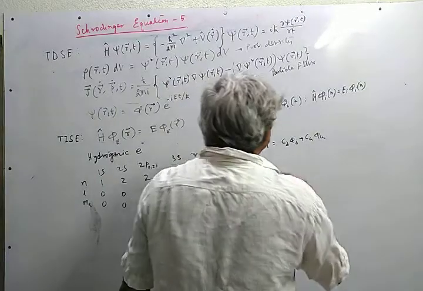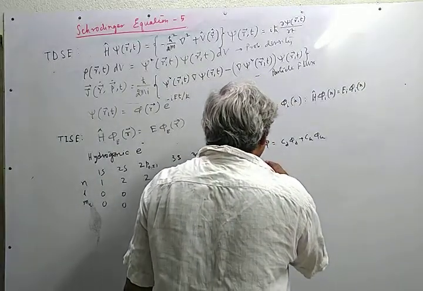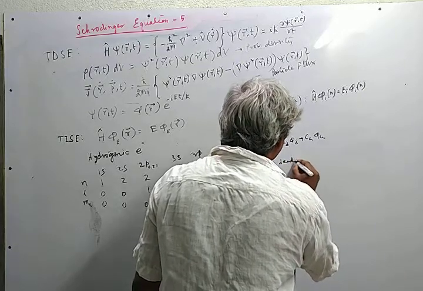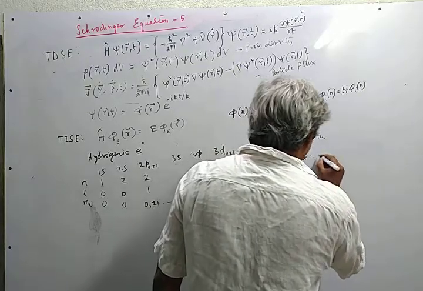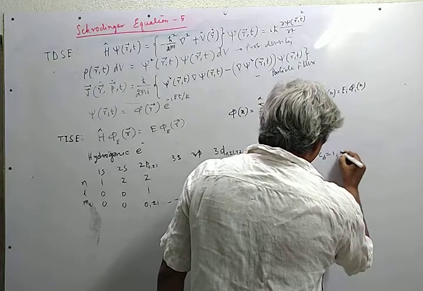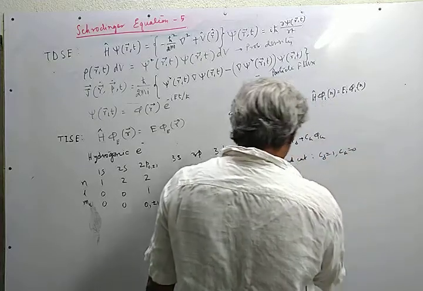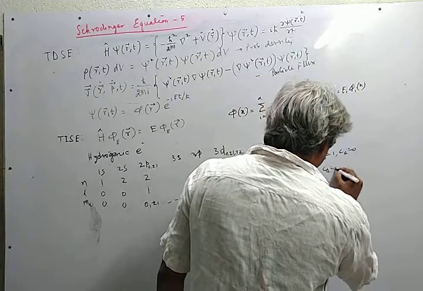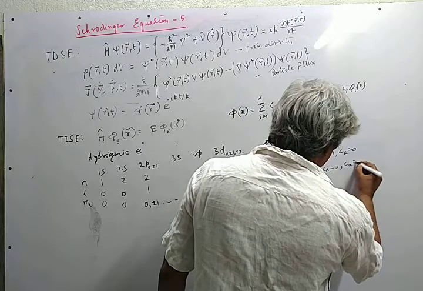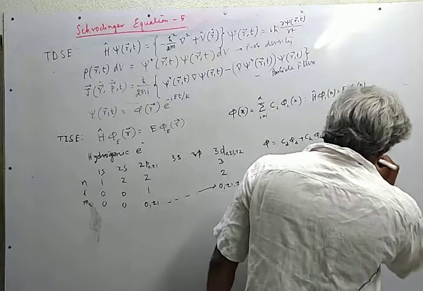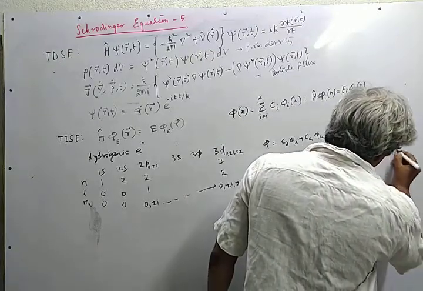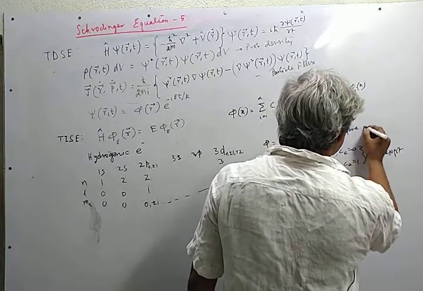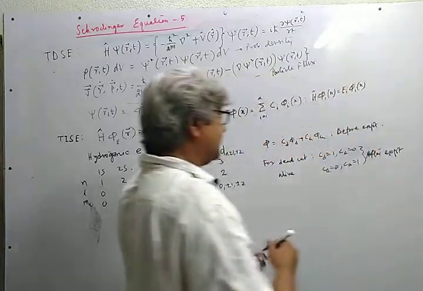If one finds a dead cat, for dead cat we have CD is equal to 1 and CA is equal to 0. For alive cat we have CD is equal to 0 and CA is equal to 1. These are after experiment. This is before experiment. Note the difference.